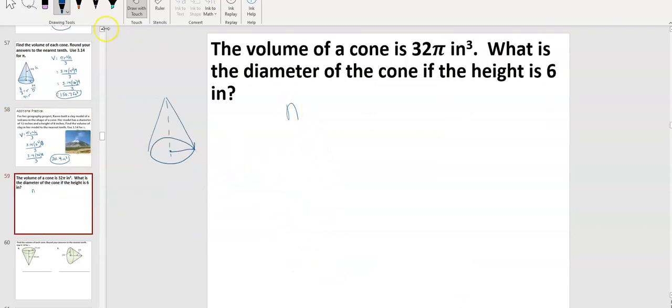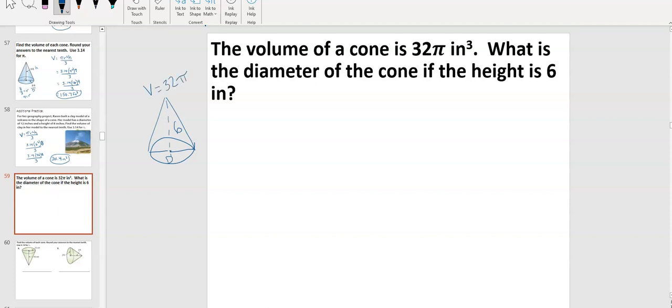I know that the volume, not area, is given for me, and I'm going to work backwards to figure out the height, or sorry, the diameter, because I know the height as well. They're telling me my height is 6. I don't know what the diameter of this cone is, but I know that the volume is 32 times pi.